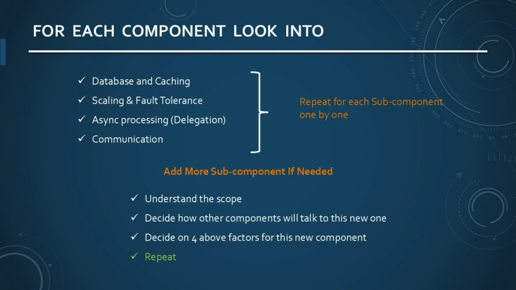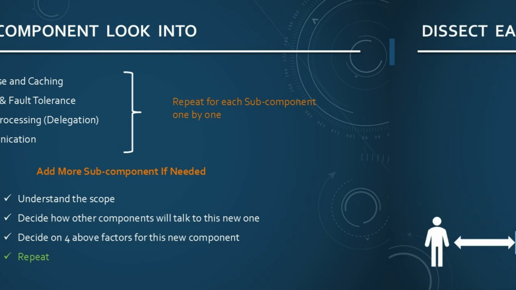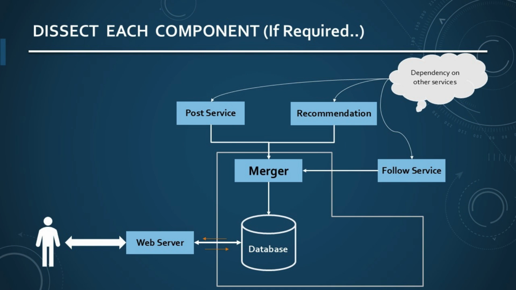I would still need to split this generator into something more, because this generator is not a standalone thing. It would need to read from other places. So what you do is you now start to think, do I need to split my generator into even smaller components, each one having its own set of responsibilities?